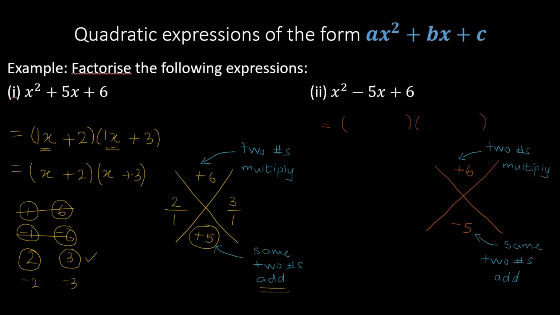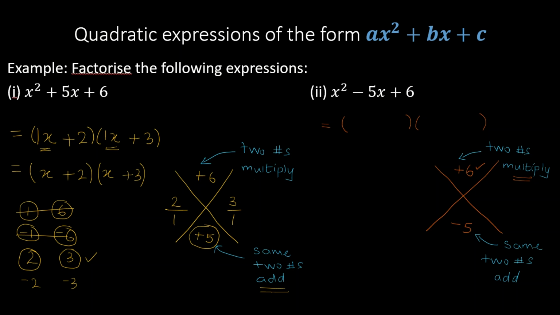Let us see. Let us write down the possibilities. Consider multiplication first. We have to think of two numbers which, when we multiply, give positive 6. What are the possibilities?